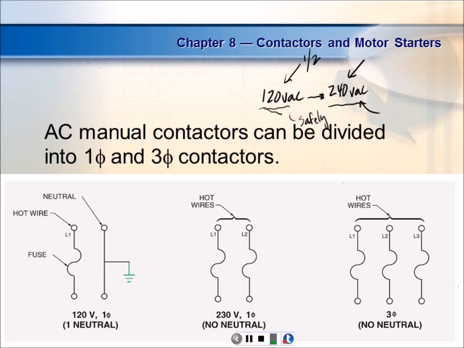But there you go, less current for the power. Now, less current for the power gives us a result of smaller components, right? You understand that? And running more devices, that's an arbitrary thing.